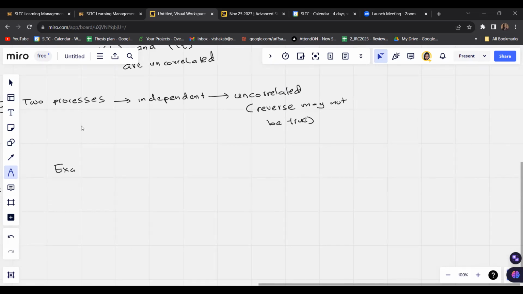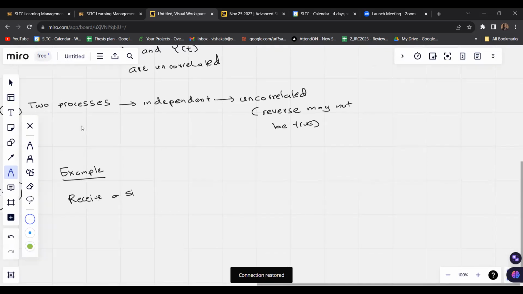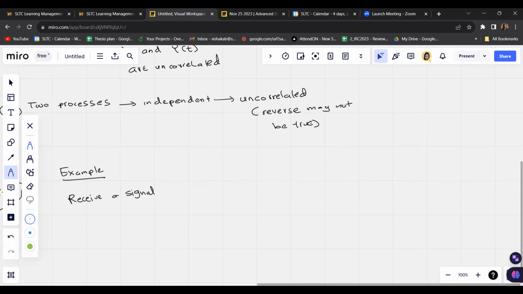One example would be the case where we receive a signal which is a combination of the desired signal and a noise signal.